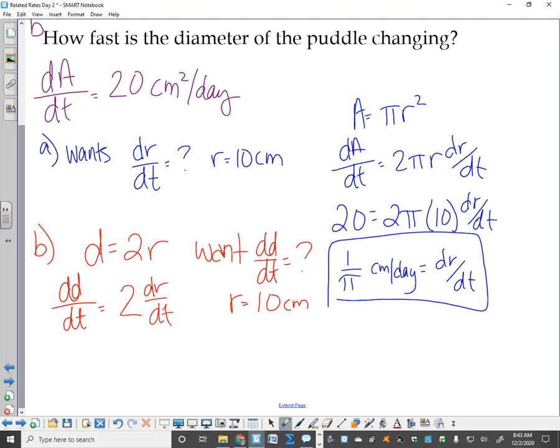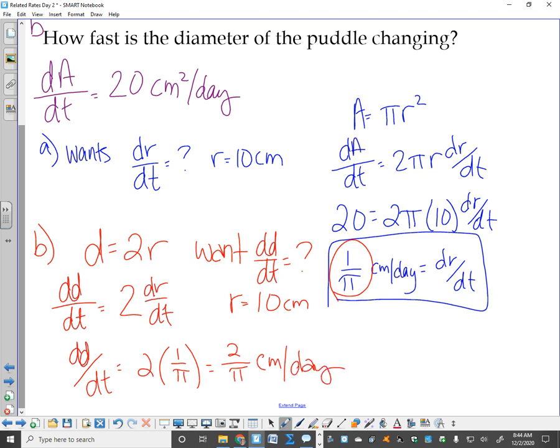Well, I now know dr/dt, so dD/dt equals 2 times 1 over pi, which is 2 over pi. Diameter is also a linear measurement, centimeters per day. And doesn't it make sense that the diameter is changing twice as fast as the radius, because the diameter is twice the radius? It's just 2 times that answer.